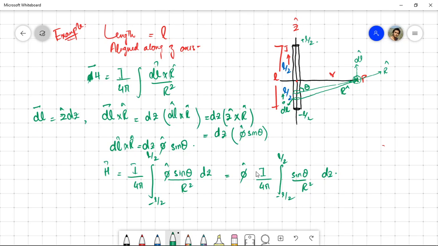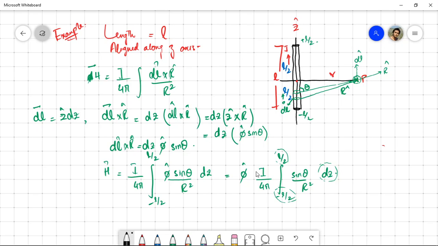So in order to calculate this much more efficiently, we need to transform this z into theta or phi, and we need to transform these limits, which are mentioned in the form of linear lengths, into theta. So if we want to do our analysis on this whole conductor and we want to take the limits in the form of theta, then we'll have to redraw this diagram once again.